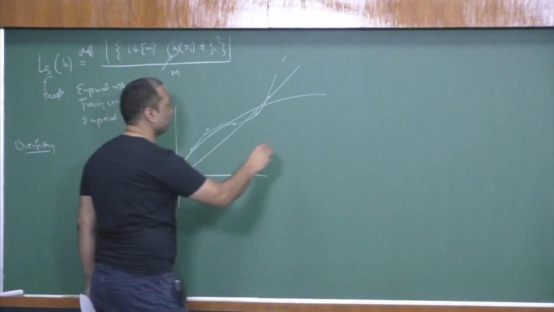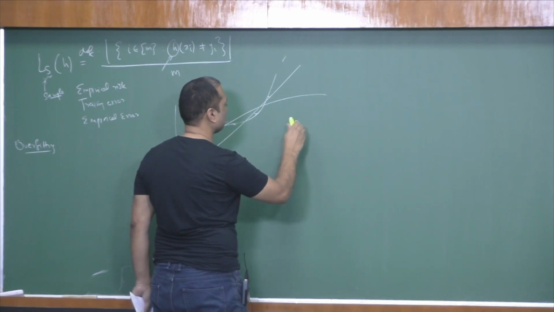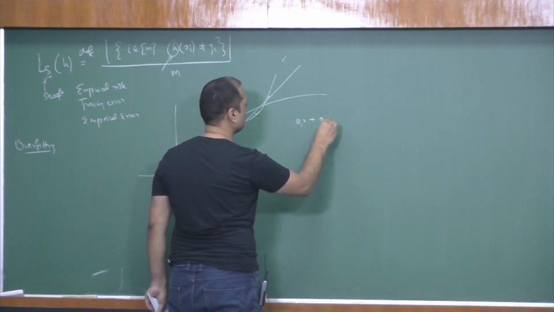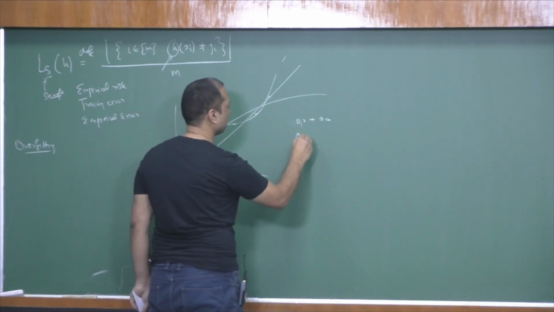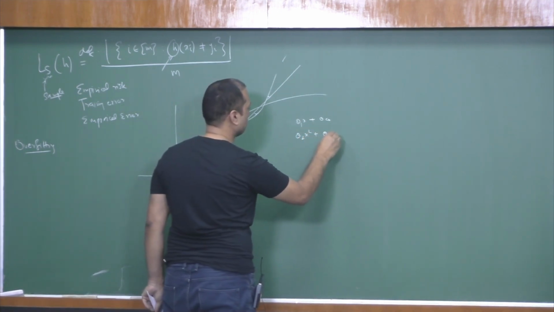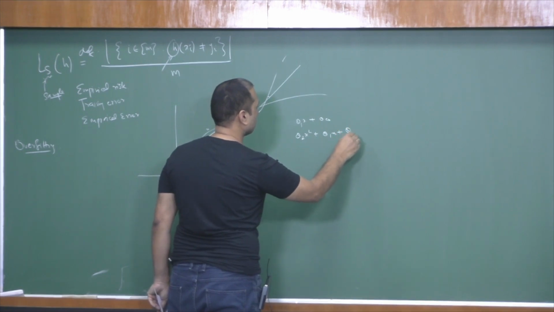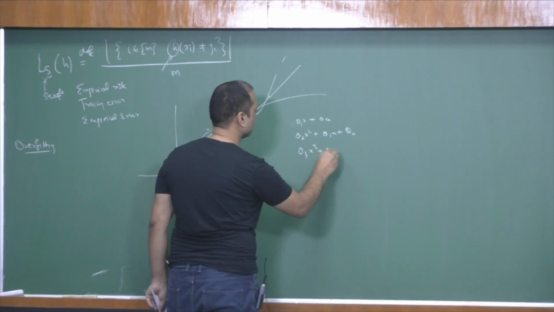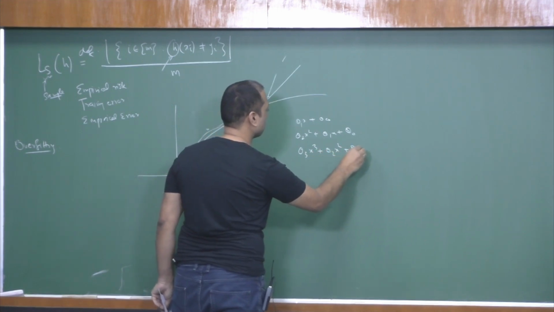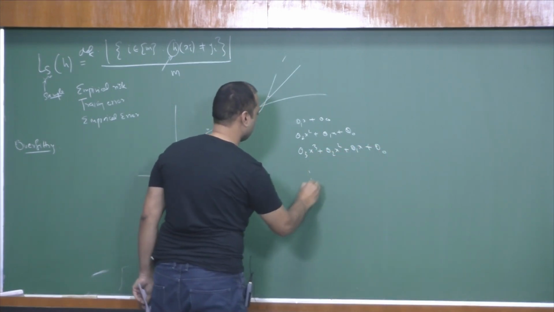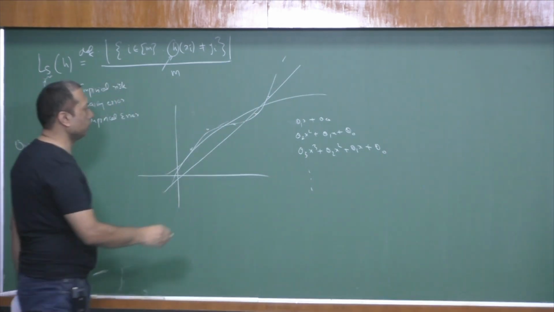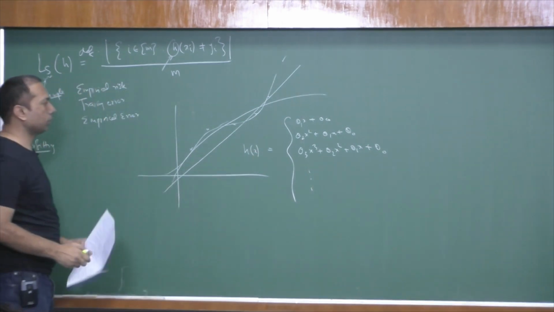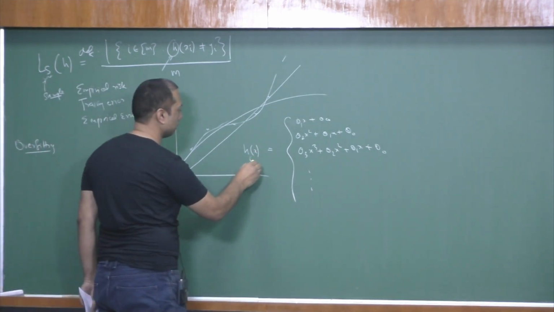So in this case the models could be theta 1 x plus theta 0, so linear, and then theta 2 x square plus theta 1 x plus theta 0, this quadratic, and then theta 3 x cube plus theta 2 x square plus theta 1 x plus theta 0, and so on. Okay, so these are the possibilities for the hypothesis H, and this is indeed parameterized by theta.